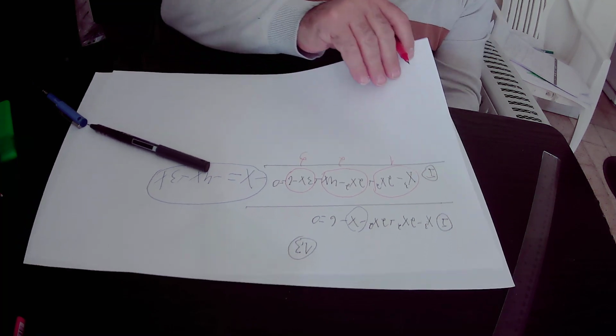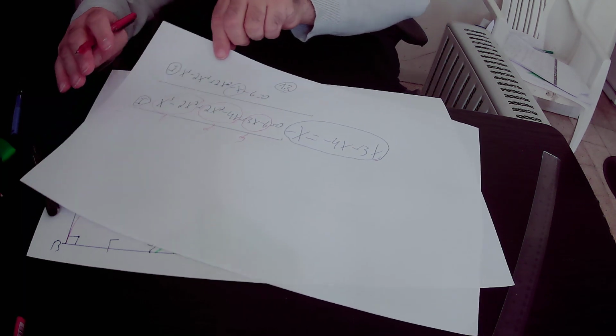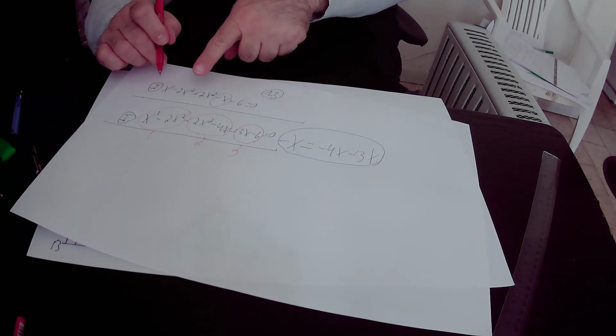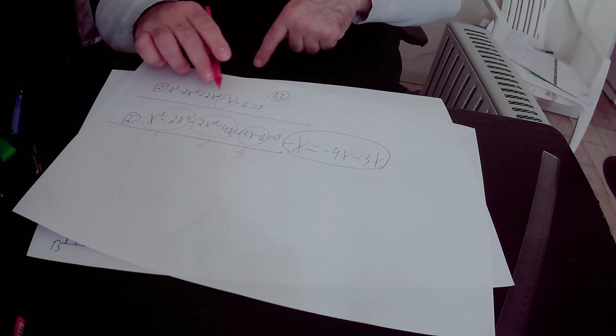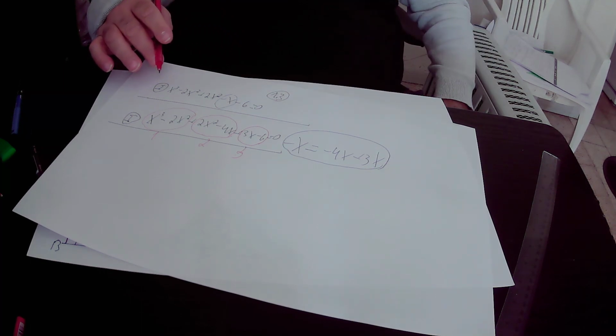I'll repeat again. We will divide this equation into 3 parts, 1, 2, 3, and we will take a common factor from each part.